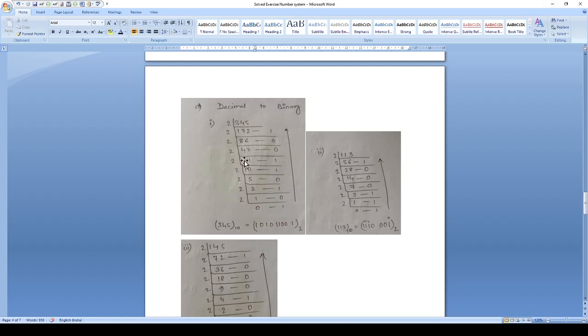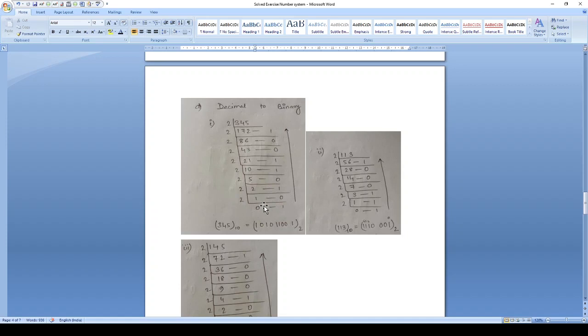You will get 21 as quotient and 1 as remainder. Again divide, you will get 10 as quotient, 1 as remainder. Again 5 as quotient, 0 as remainder. Divide again, you will get 2 quotient, 1 remainder. Again divide, you will get 1 quotient and 0 remainder.